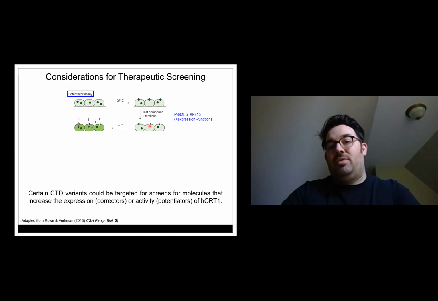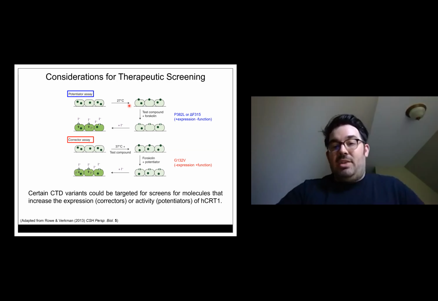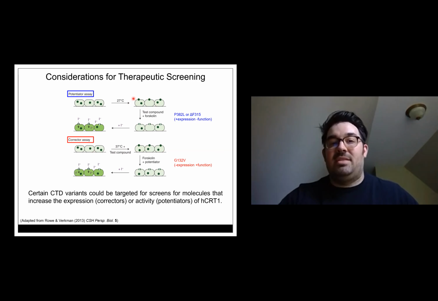And then you could screen for molecules that increase transport once the protein's where it needs to be. And then I can imagine, again, this 132V variant. It's inside the cell, but if it gets to the surface, it's functional. So if you screen your test compounds against this variant, you could potentially identify compounds that increase transport of the protein, in a way that you could distinguish between the effects of the compound on trafficking versus function.